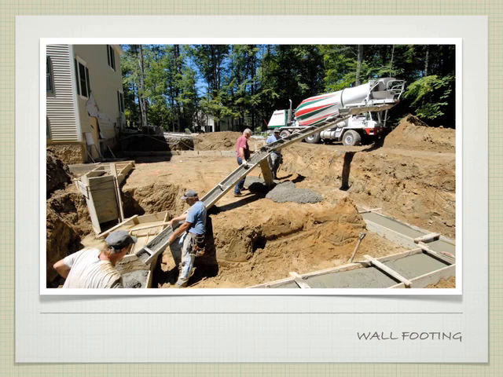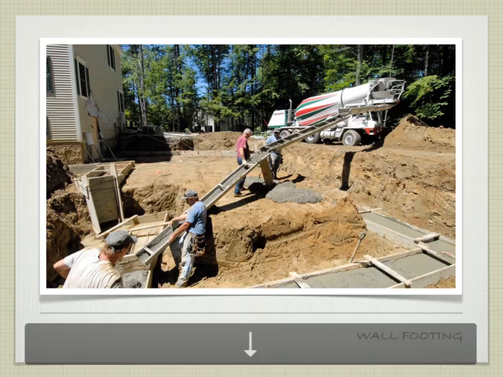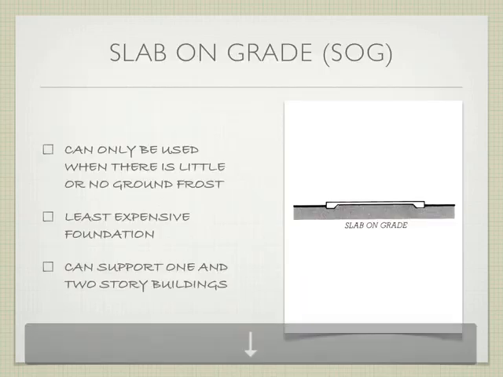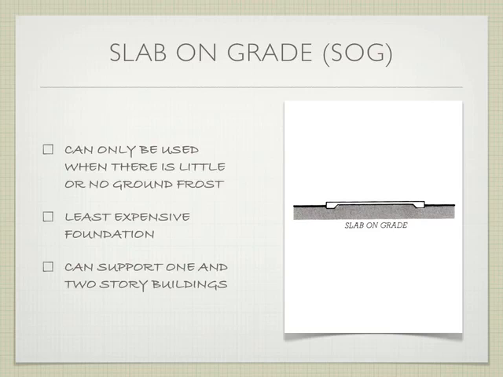We'll point that out later. Notice also, this is not one of my jobs. Notice how much concrete they've spilled in this process. This is not the best example ever, but you get the idea. It's showing you footings. The idea is that we then build the walls on top of those footings.